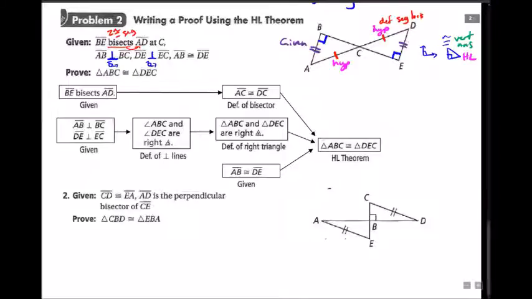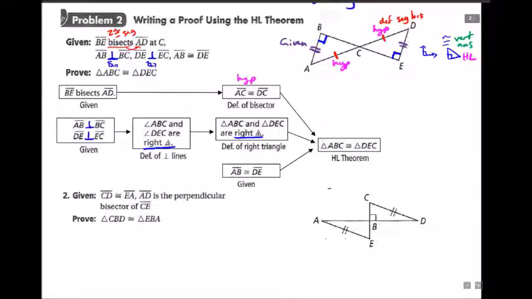So let's take a look at this. We're given that it bisects, right? These are our first two steps here. And this gives us our hypotenuse. And then we're given the perpendicular, so we take our perpendicular, and then we turn them into right angles by definition of perpendicular, and then we turn them into right triangles by definition of right triangle.